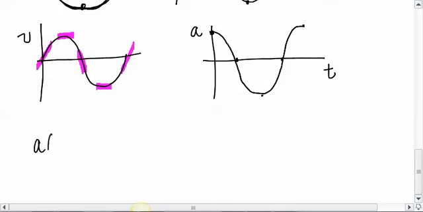It's a cosine graph. For those of you that know calculus, is that expected? Yeah, all right, so here's our cosine of omega t graph. Now we've got to figure out what this amplitude business is. What should it be measured in? If the velocity graph's amplitude is in velocity, then the acceleration's amplitude is in acceleration.